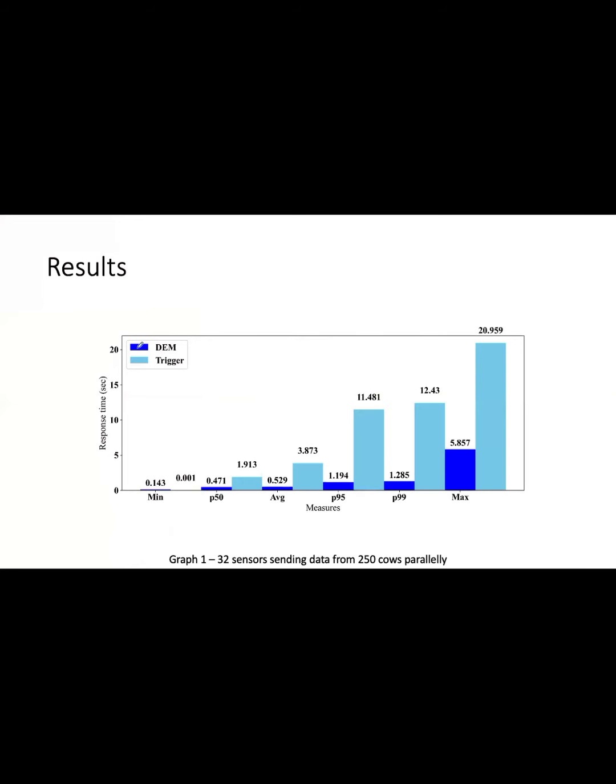Okay, the next three graphs we show here. In dark blue, we have DEM, the data extraction magnet. In light blue, we have the trigger technique. This graph is composed of six measures: mean value, P50 value, average, P95, P99, and max value. These values are the response time of the experiment.